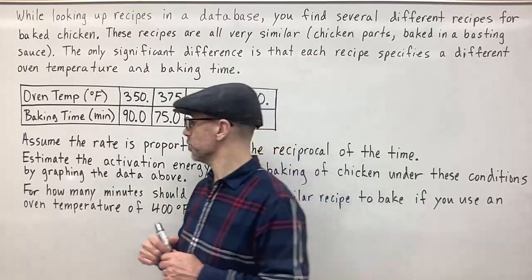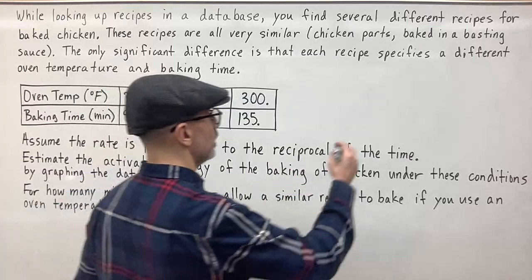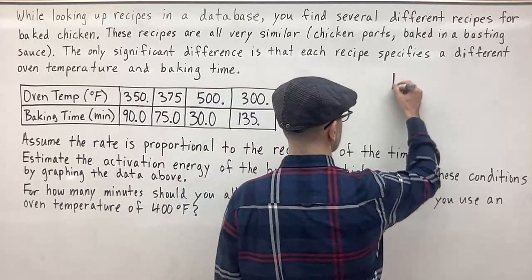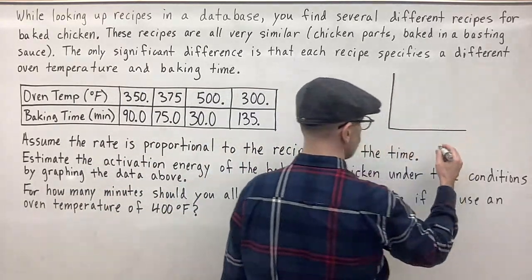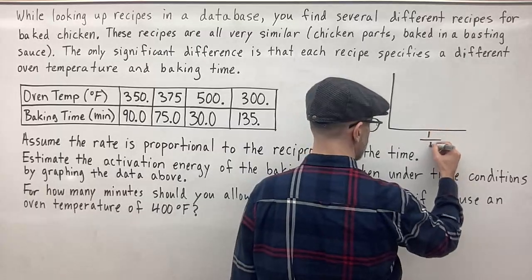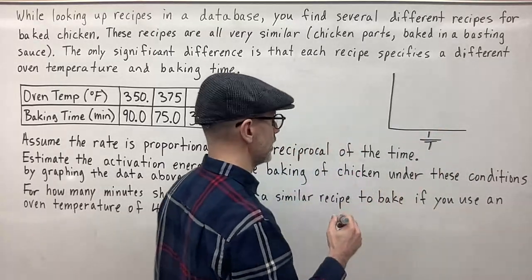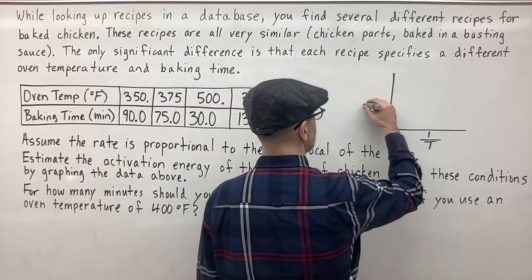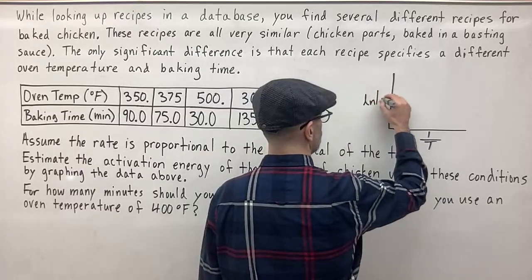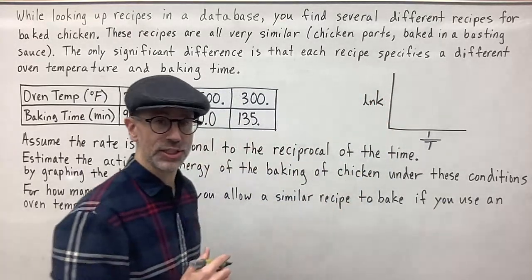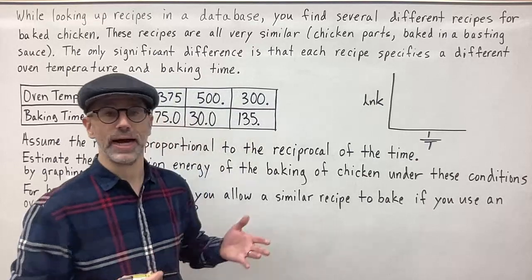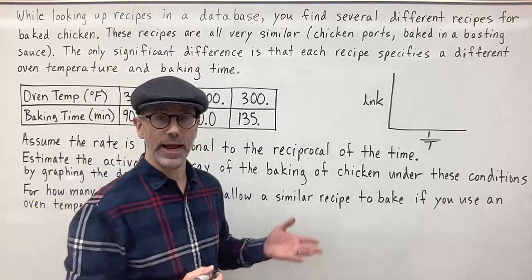And so if you remember, the Arrhenius plot is a plot of 1 over temperature on the x-axis and the natural log of the rate constant for the reaction.